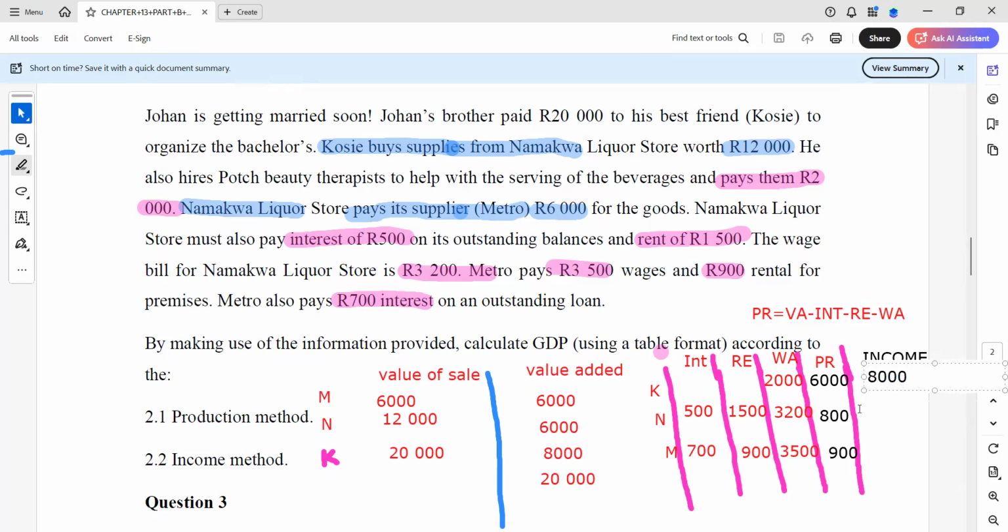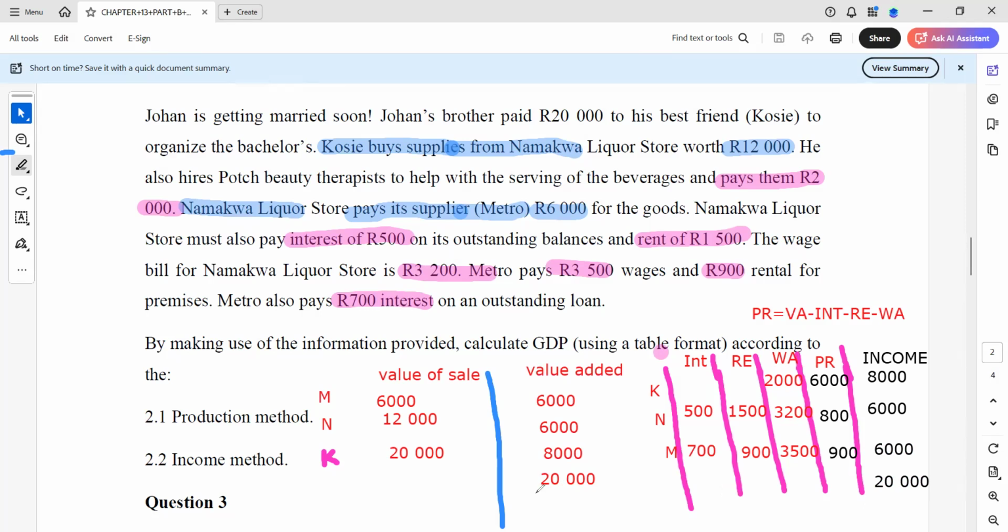And then 5,000 plus 1,500 plus 3,200 plus 800, which is 6,000. And then also here, 700 plus 900 plus 3,500 plus 900, which is 6,000. And then if you add all of this, 8,000 plus 6,000 plus 6,000, you're gonna get 20,000, right?